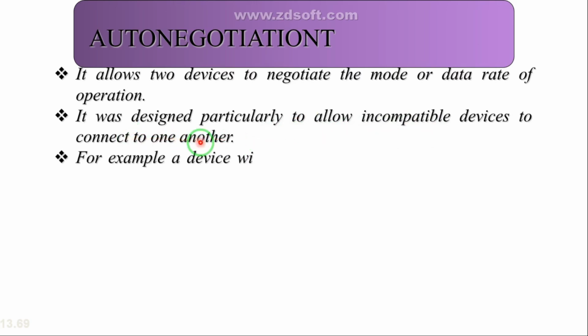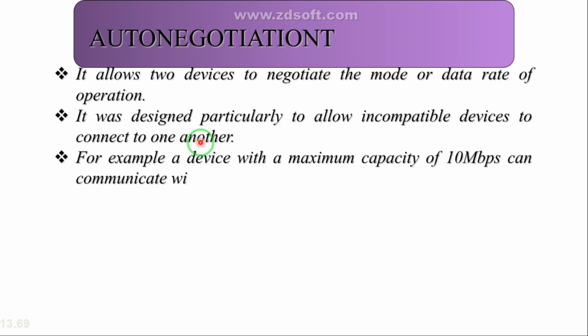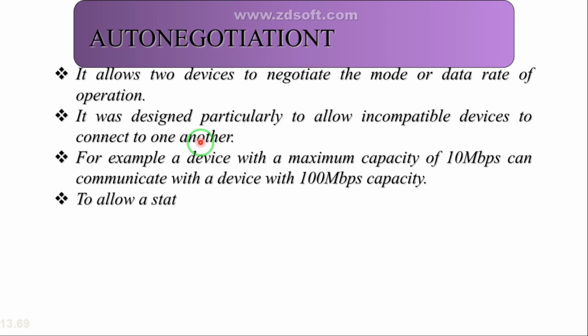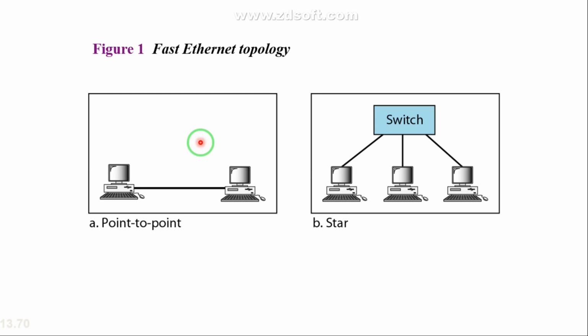For example, a device with a maximum capacity of 10 Mbps can communicate with a device with 100 Mbps capacity. It also allows a station to check the hub's capability and to have multiple capabilities.